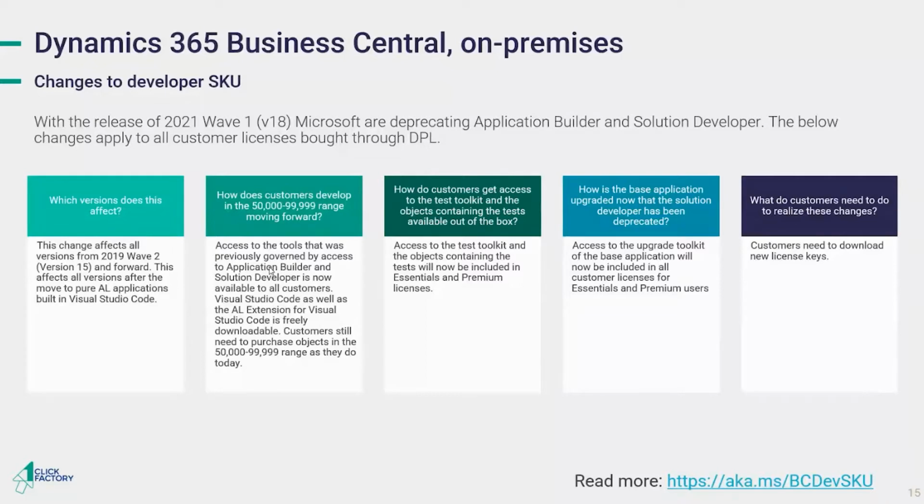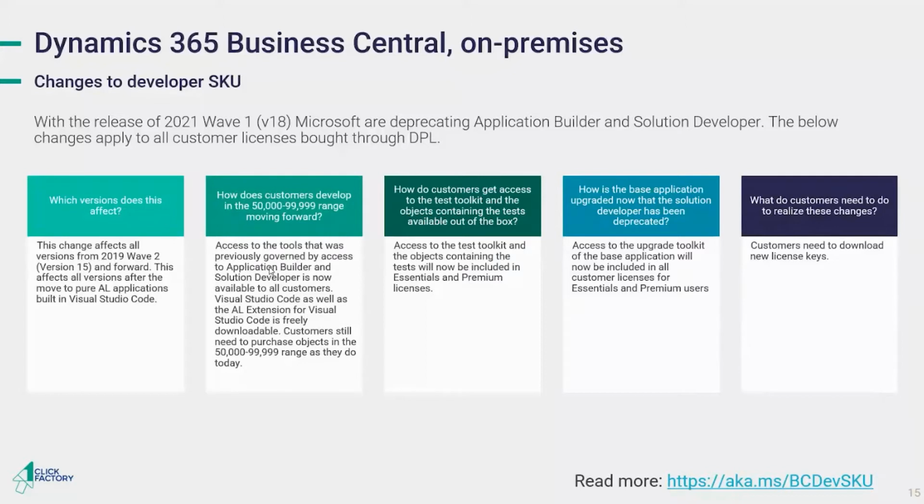Customers have full access to both the test toolkits and the objects, and the same happens with the brick. And the action point at the current moment is that customers need to download the new license.